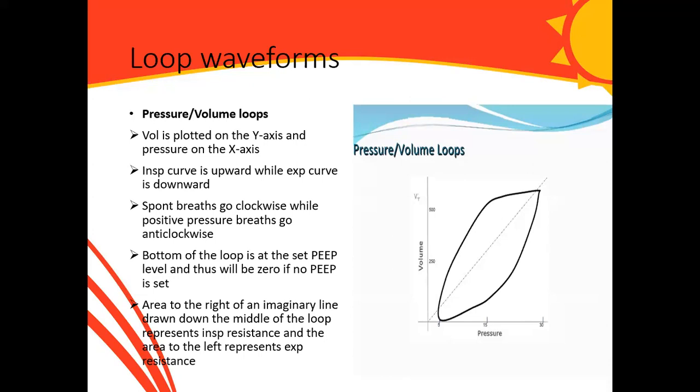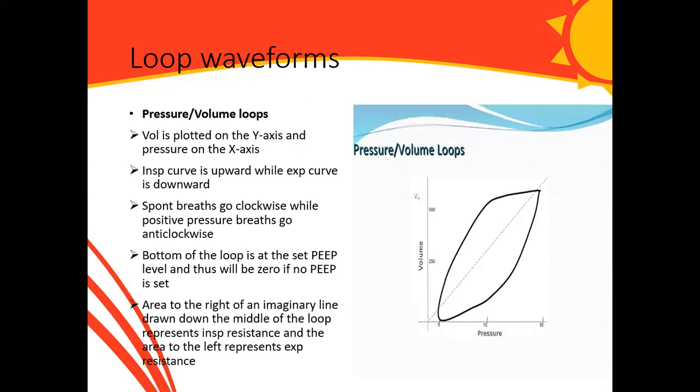The pressure-volume loop is as presented on the right side of the slide. The volume is plotted on the y-axis, while pressure is on the x-axis. Like I mentioned, the inspiratory curve is upward, while the expiratory curve is downward, which is different from what you see in spirometry graphs.